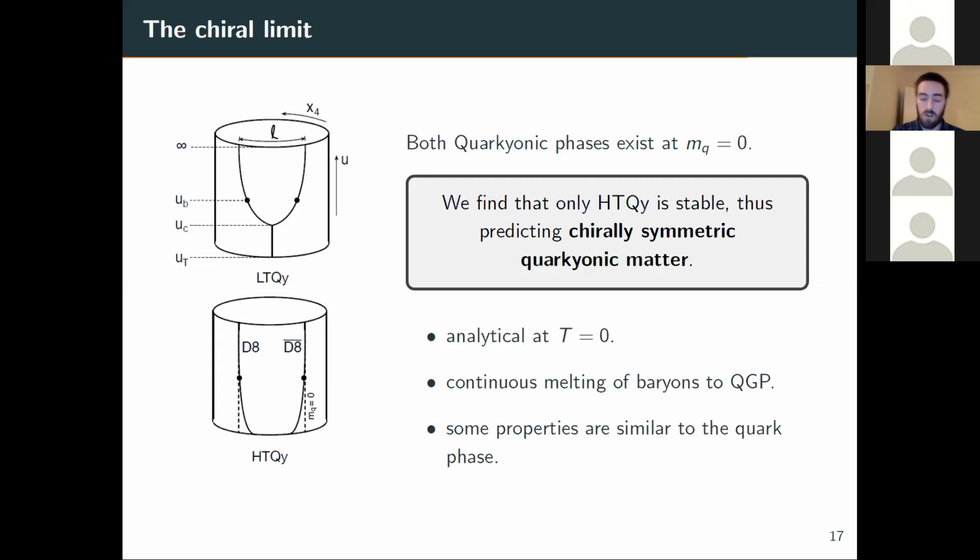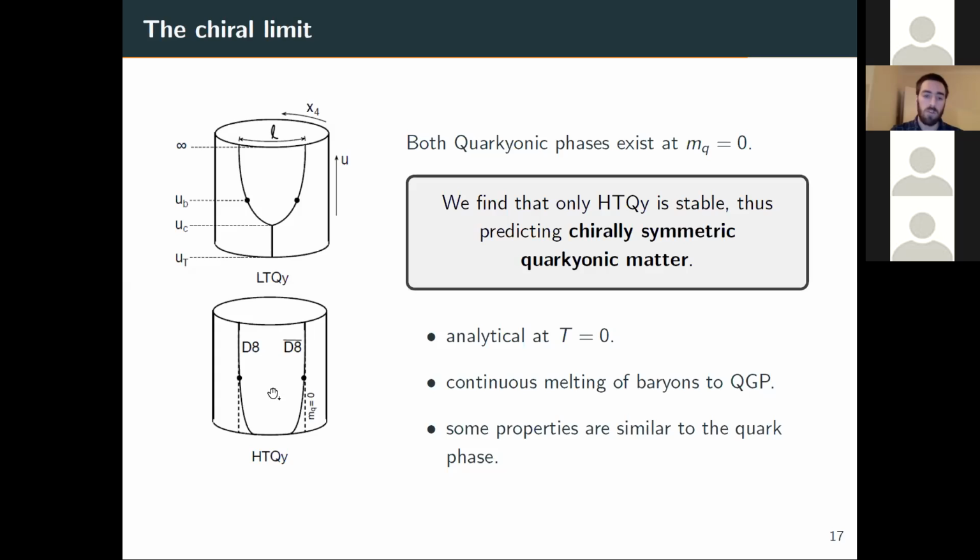And there are other types of things you can do here. Most of these results are numerical, I mean, most of the stuff about the phase diagram is numerical, but you can actually do the analytics at 0 temperature, and it works. You can see that there's a continuous transition, again, even in this phase where you have these baryons here, if you increase the temperature, where these baryons melt and you go continuously to the quark-gluon plasma.